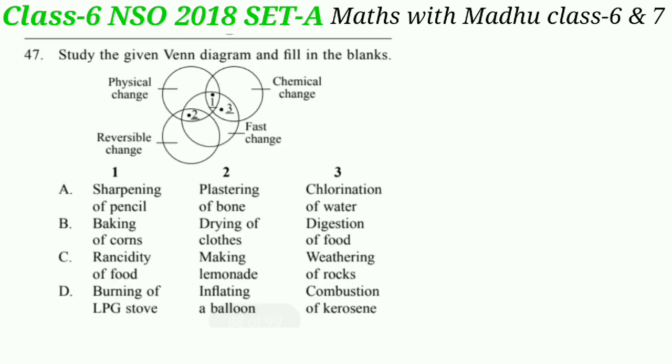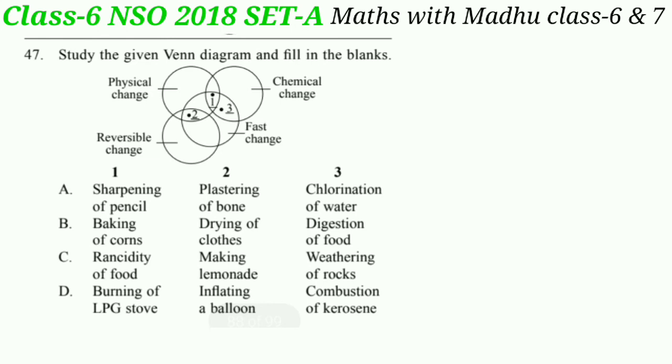Now question 47. Study the given Venn diagram and fill in the blanks. Look at the Venn diagram. Burning of LPG stove is a fast change and conversion of liquid, that is LPG, to LPG gas is a physical change and combustion of LPG gas is a chemical change.